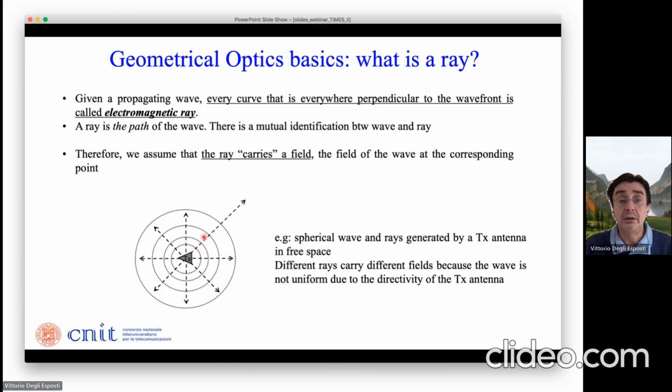Of course, given that the source is not necessarily omnidirectional, not to mention isotropic, the intensity of radiation is different in different directions, and therefore different rays carry different field intensities. For example, if this is the axis of the antenna, this ray will be stronger in terms of field with respect to the others.